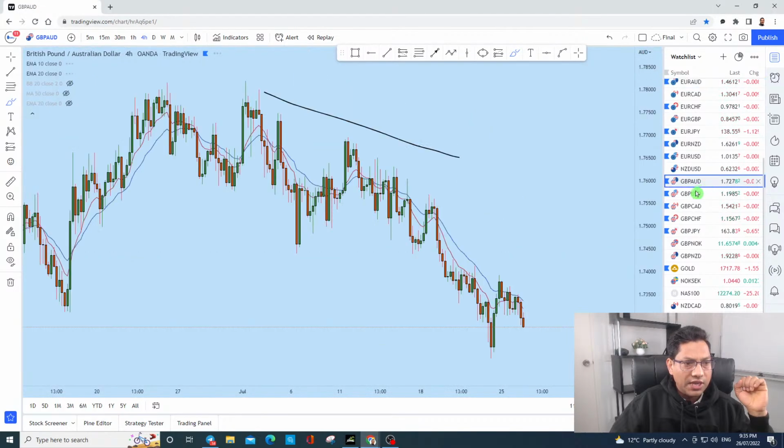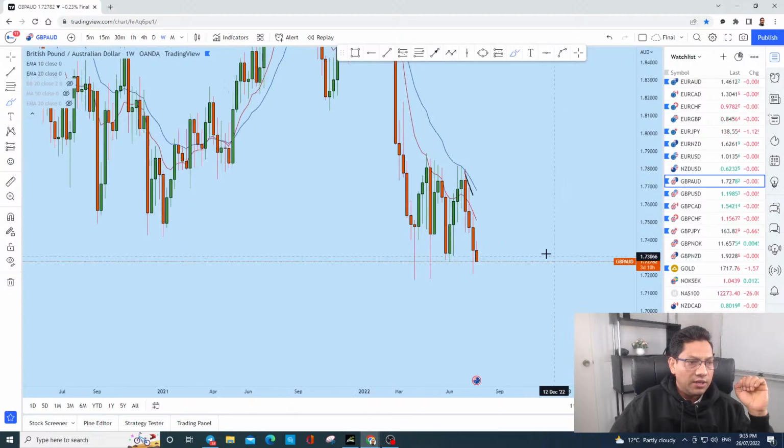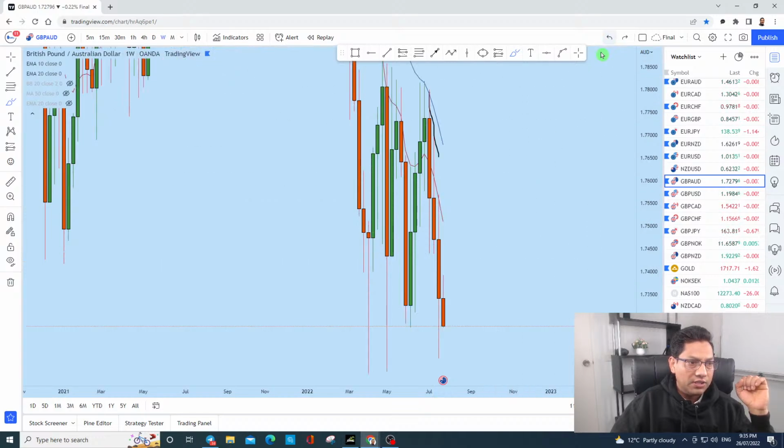GBPAUD is the same way. If you look at the bigger picture on the weekly of GBPAUD, I love to trade this kind of price action in a downtrend. This is bearish price action: a spinning top with a long wick at the bottom and top and a body in the middle.